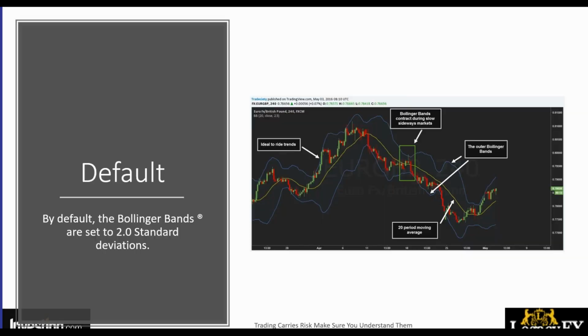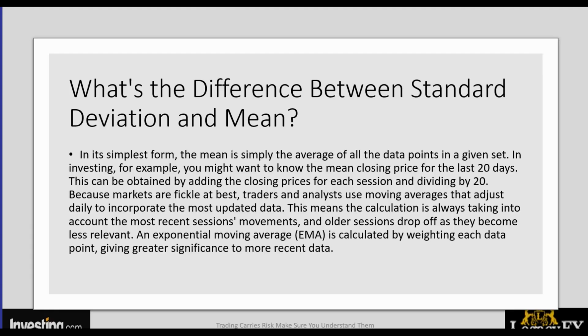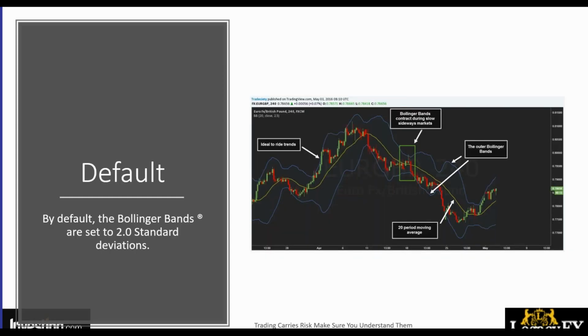From there, it is the square root of that deviation, which is a very complex mathematical calculation. If any of us can ever do the calculations to figure out square root. Now, by default, we use a 2-period standard deviation.